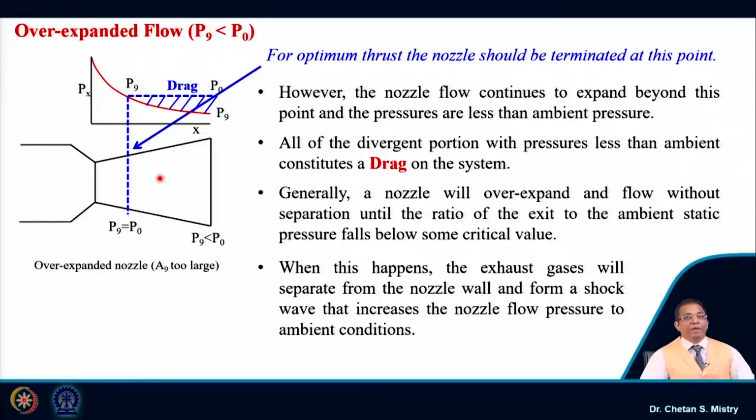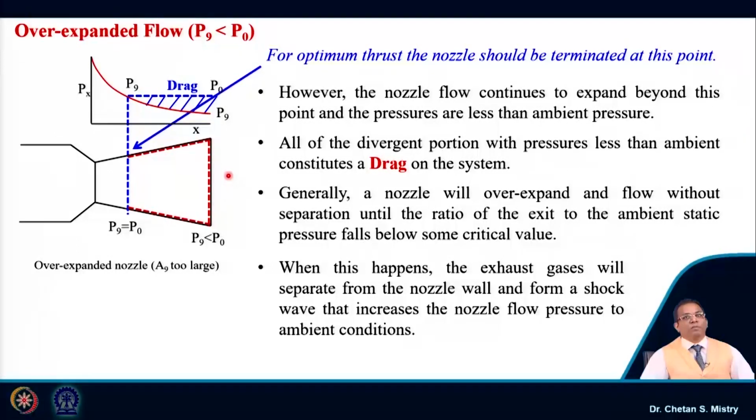Now what will happen? Since my requirement is terminated here and I have additional length, my pressure will try to match up with the atmospheric pressure, and that will happen with shocks forming inside.